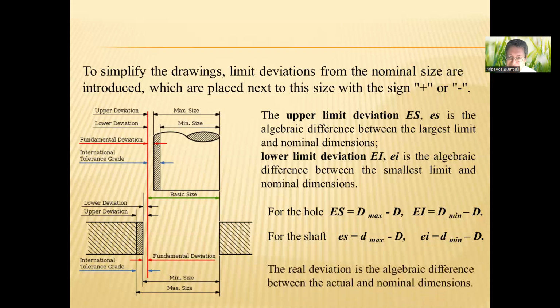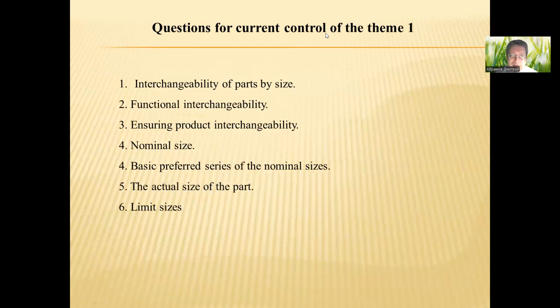The real deviation is the algebraic difference between the actual and nominal dimensions. And on this slide, you can see questions for current control of type 1. Use it for preparing for the next lesson.